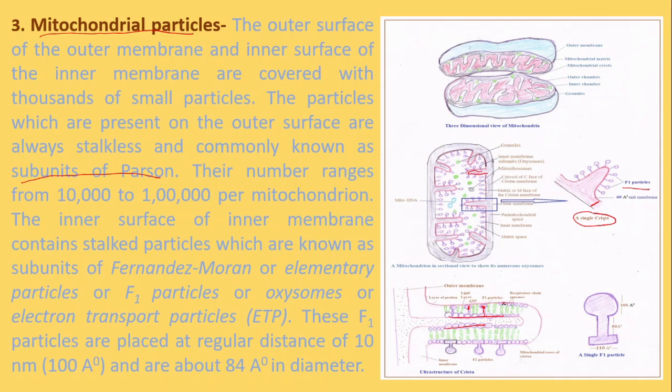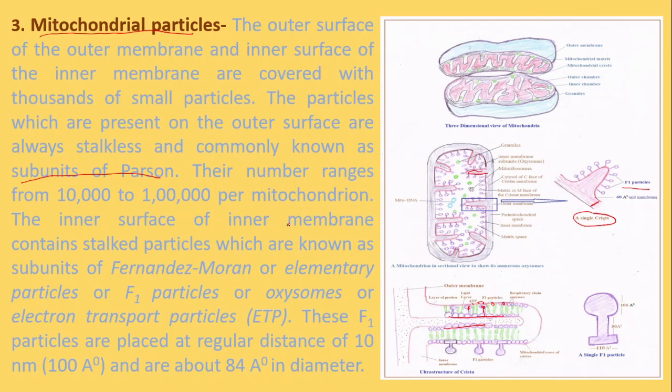These are the particles present on the outer membrane, and their number ranges from 10,000 to 1 lakh per mitochondria.